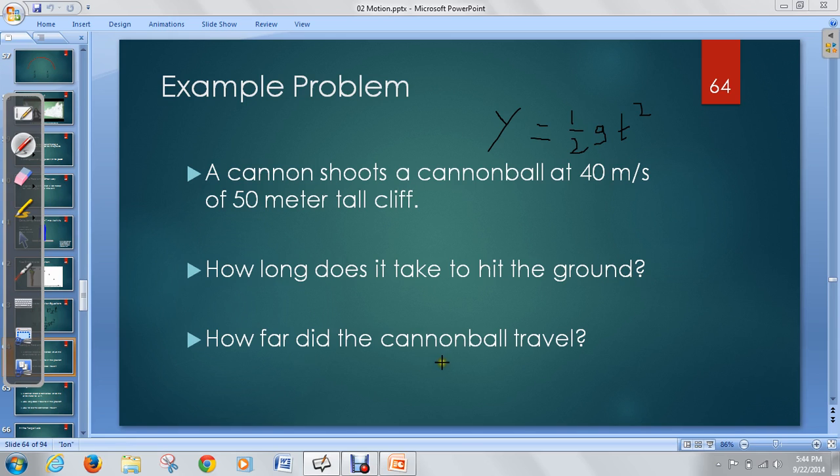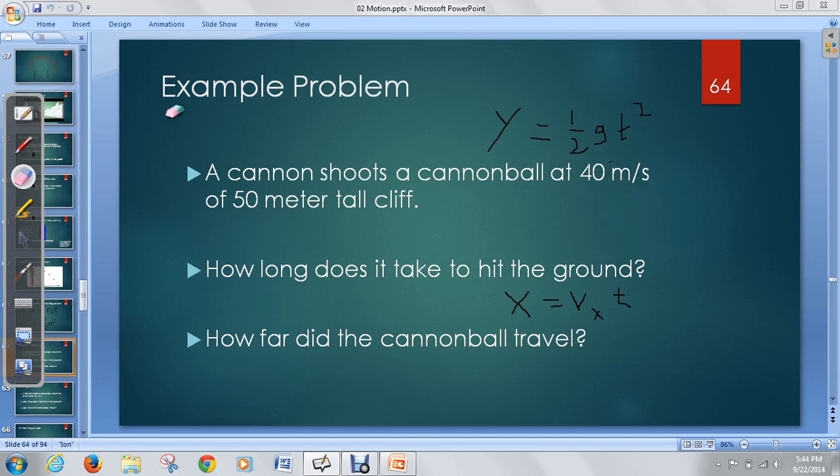And then if we want to know how far the cannonball went, we just take that other equation, x equals vx times time. Okay, so this vx right here comes directly from the problem, this 40 meters per second.